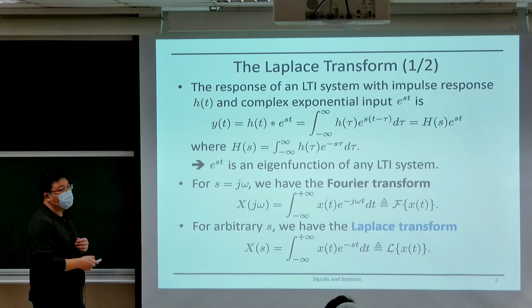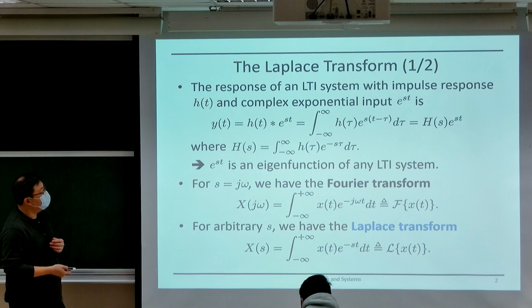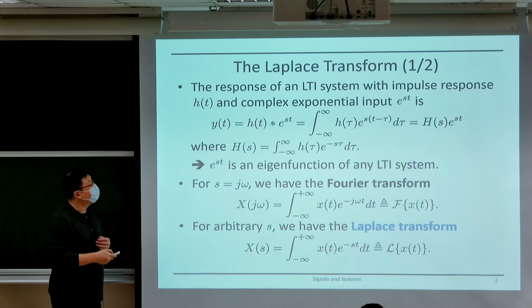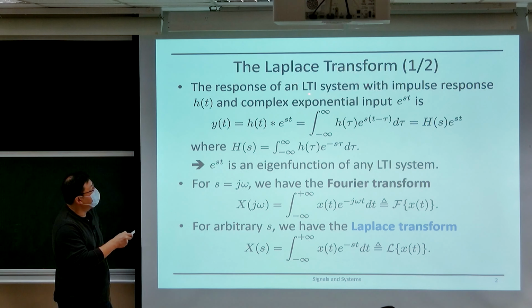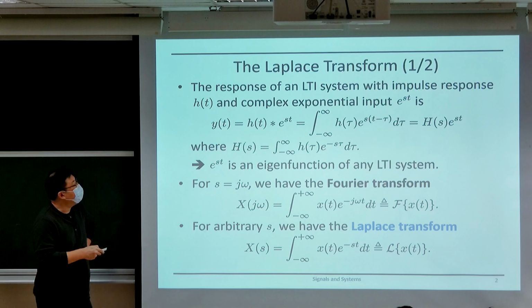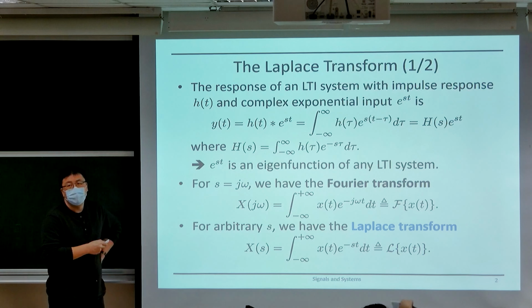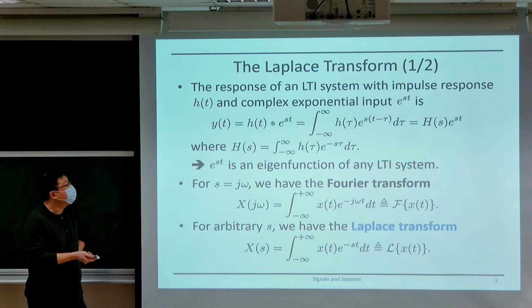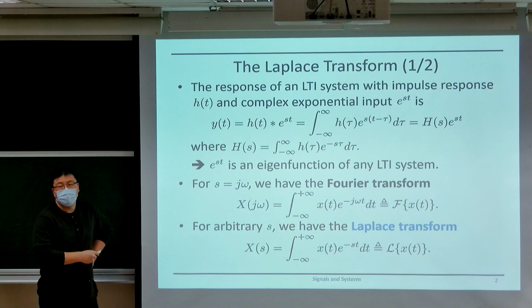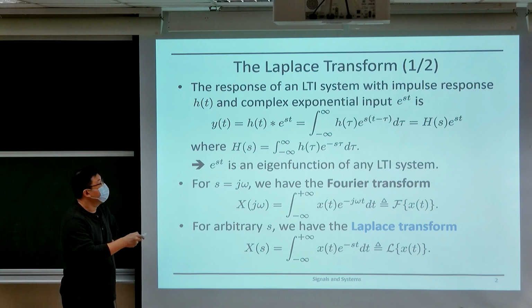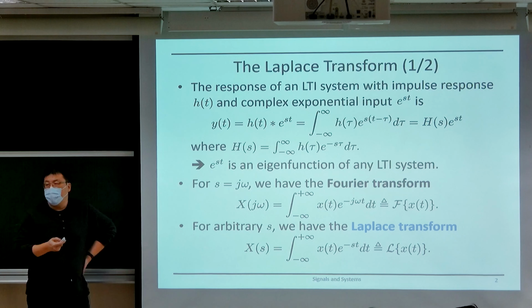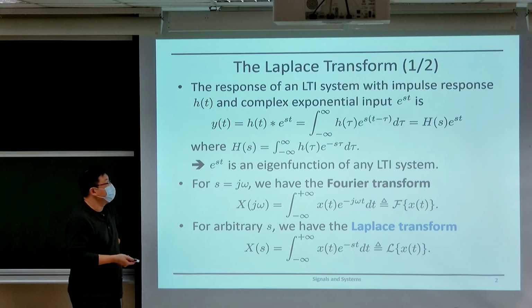If you recall, one of the main motivations for studying the Fourier transform is that when we look at a linear time invariant system, a complex exponential, e to the power st, is the eigenfunction of any linear time invariant system.